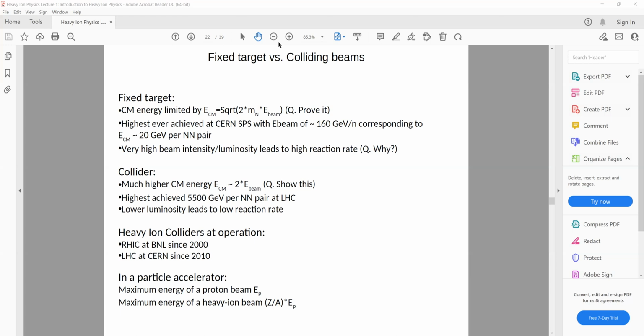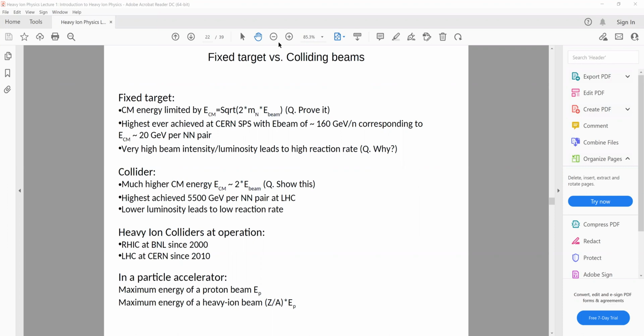Z into EP is the total energy of the nucleus, but we always talk about energy per nucleon or per nucleon pair. So you divide the total energy acquired by the nucleus by the total number of nucleons present in it. That is the reason why it is Z by A times EP.